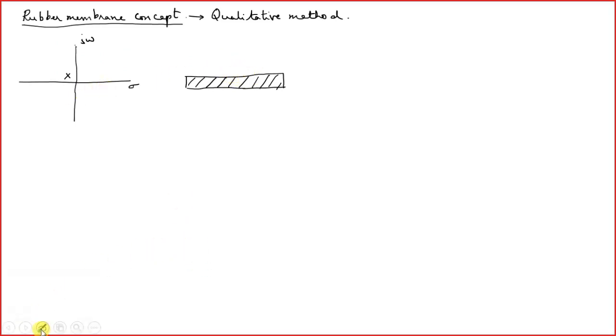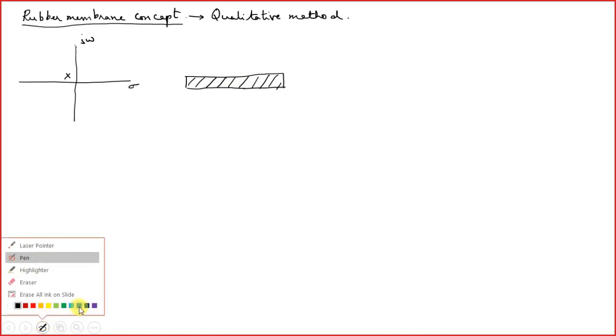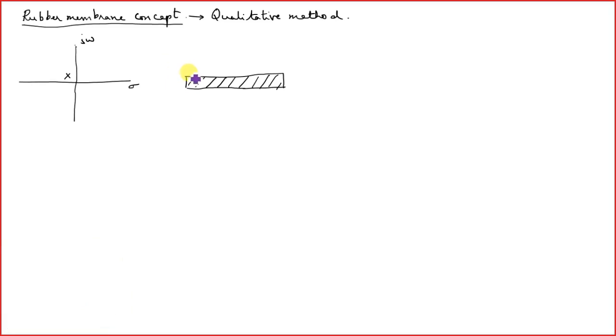Now what I say, do one thing. You place a rubber membrane and affix it on the top of the table. So it should look like this. There is no gap in between.